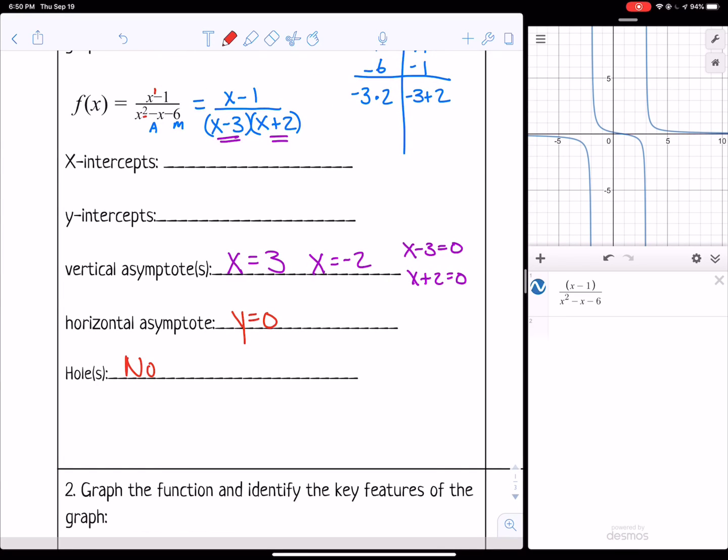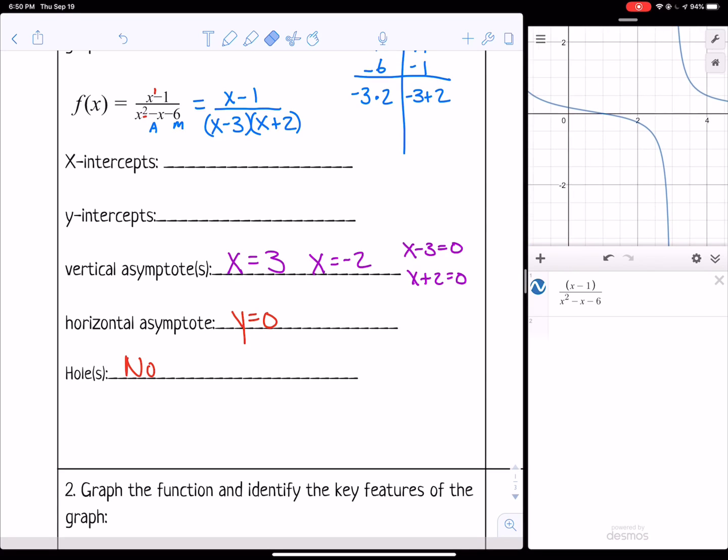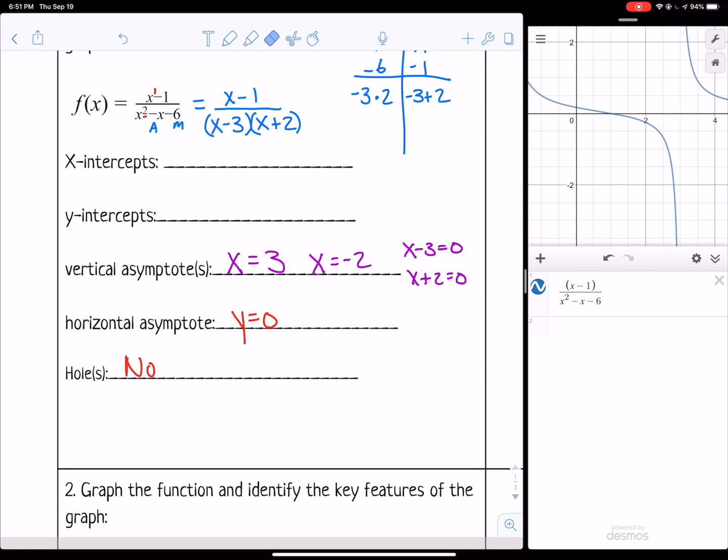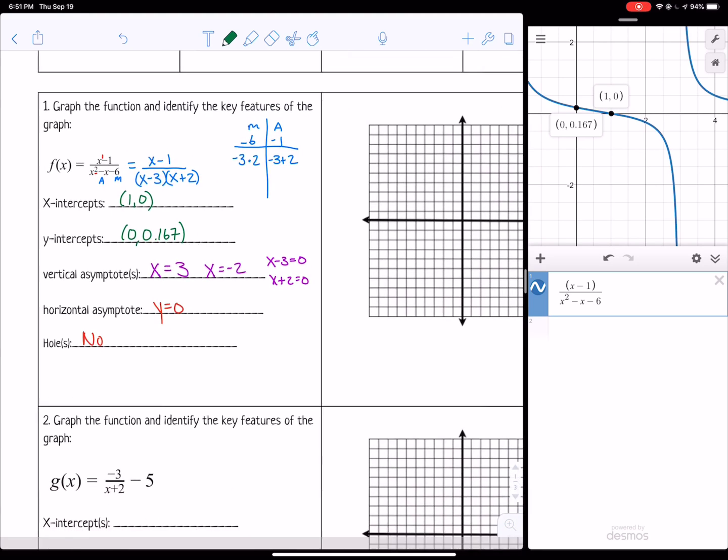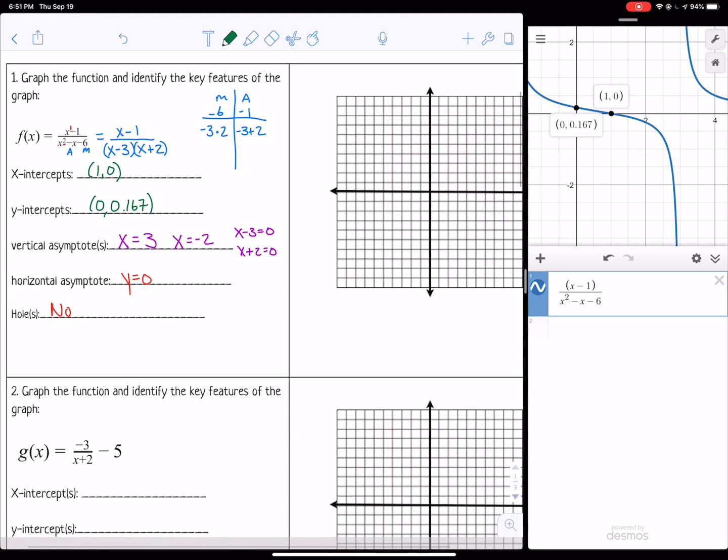So the only other things we need are our intercepts. And I'm just going to use Desmos to quickly pick those out. So if we zoom in a little, we see that we have an x-intercept at 1, 0. And our y-intercept is at 0.167. All right, so the only other thing we need to do is actually sketch the graph.